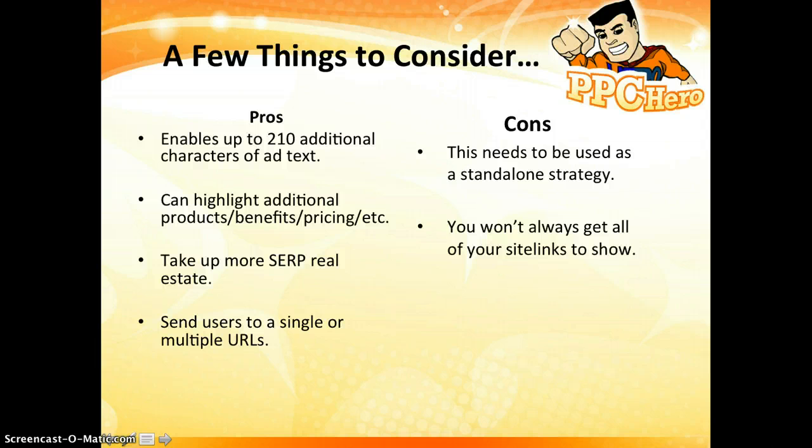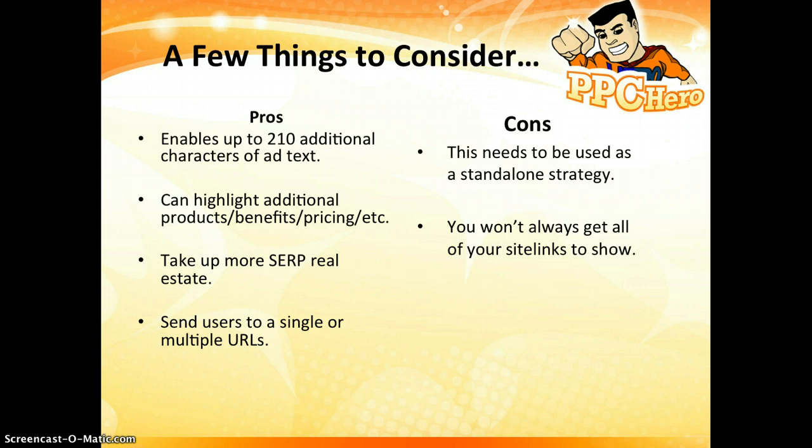So a few things to consider. We'll start with the cons. First, this should probably be used as a standalone strategy for your site links. Now, typically, these are used to point users to more specific landing pages. However, a strategy that I've been using with a few of my clients recently is focus more on the additional product information, benefits, pricing that we can include in those site links, all while pointing to the same URL, since they don't have multiple landing pages to take advantage of.